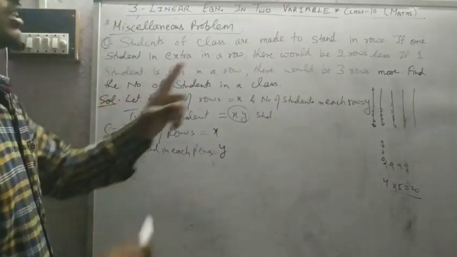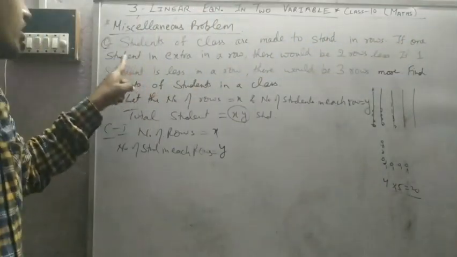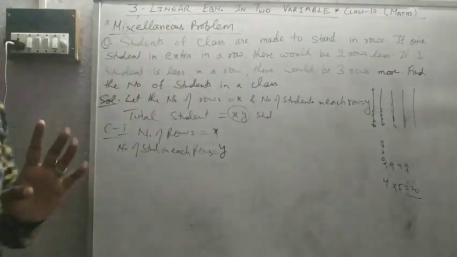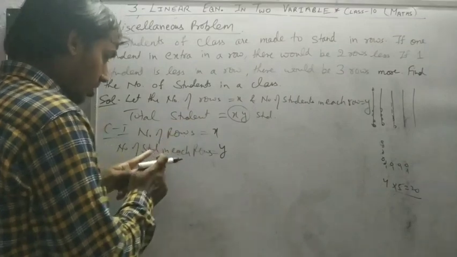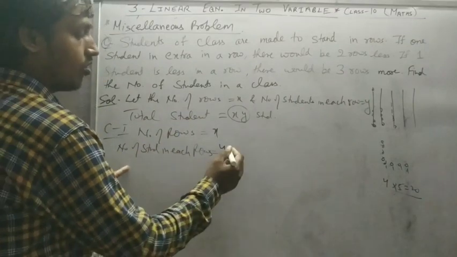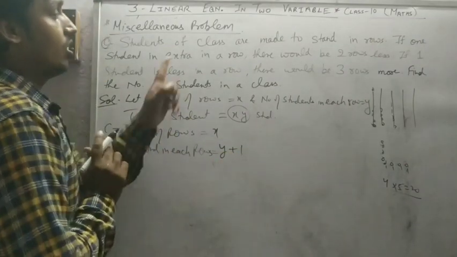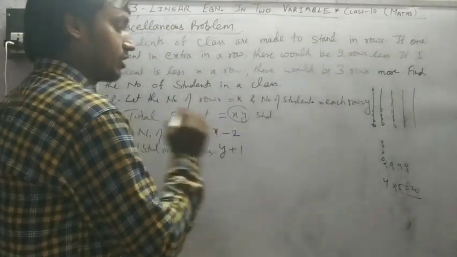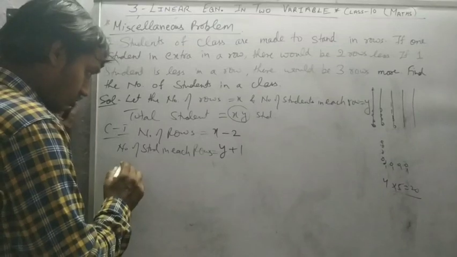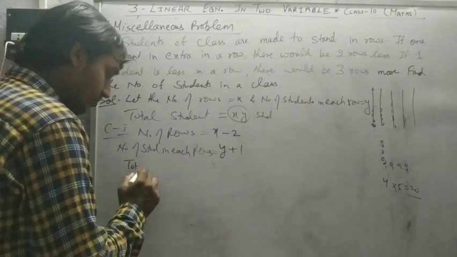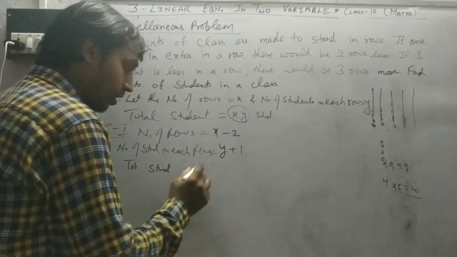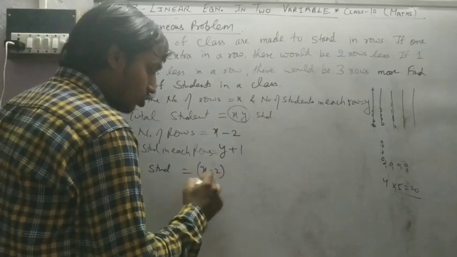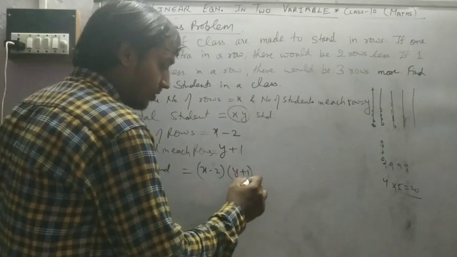According to first case, if one student extra in a row, means number of students in each row one extra. There would be 2 rows less. 2 rows less. So, total students x minus 2, y plus 1.